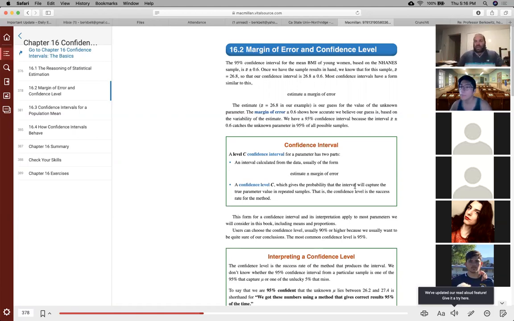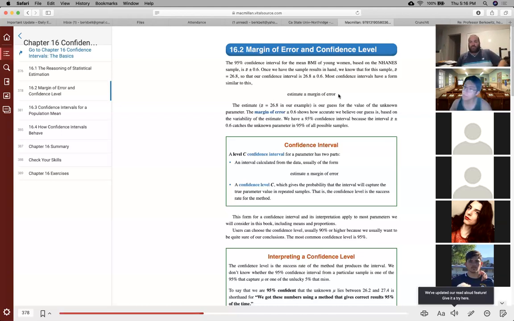You want to know the average BMI of young women in America, like they do here. Now, the average BMI is somewhere on the number line, right? It's somewhere between negative infinity and infinity. Of course, you can't have a negative BMI, so it's really 0 to infinity.